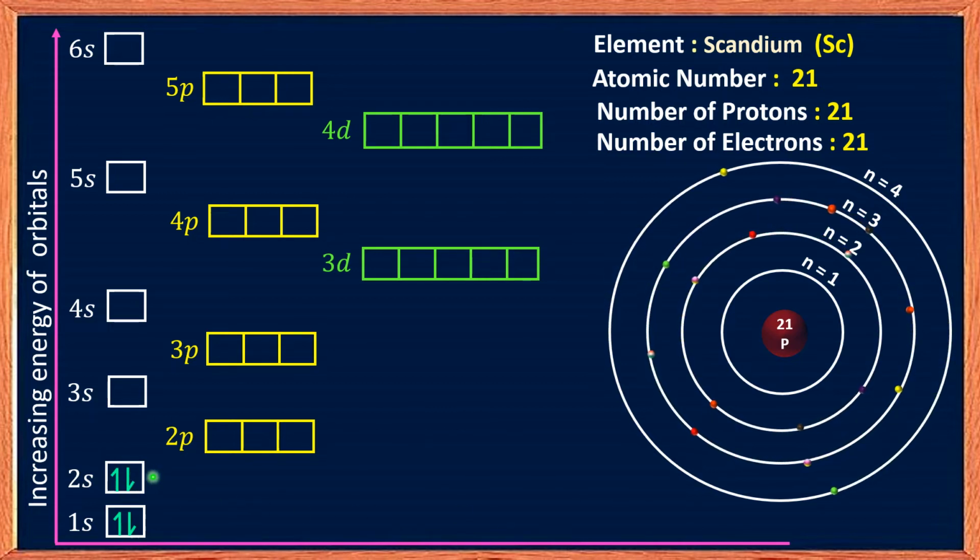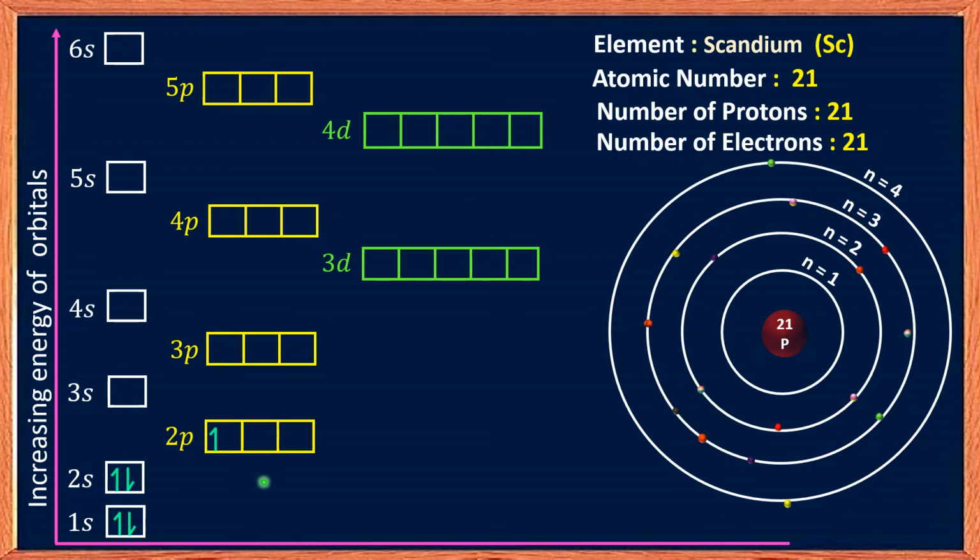Once 2s orbital is completely filled, electrons enter into 2p orbital. So the fifth electron occupies one of the empty orbitals of 2p. Now the sixth electron will not pair up with this electron. Instead, it will occupy another empty orbital according to Hund's rule.